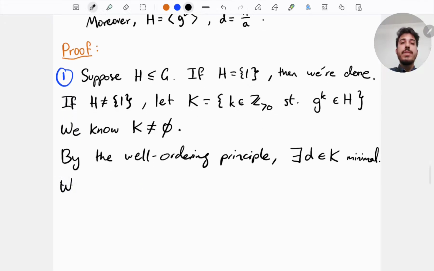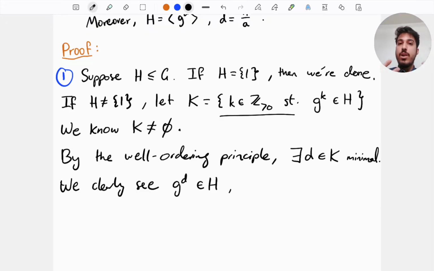Okay, we clearly see that g to the d, so this is the group generated by g to the d, and since d is inside K, that means g to the d is in H. So we know that g to the d lies in H, but then since H is a subgroup, we have to have that subgroups are closed under operation of the group and closed under inverses.